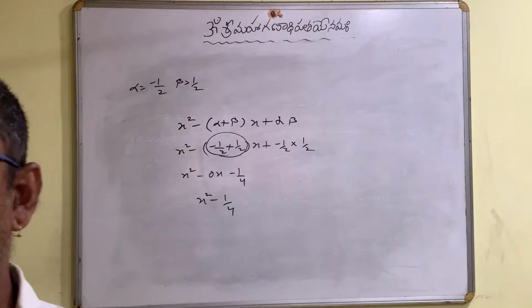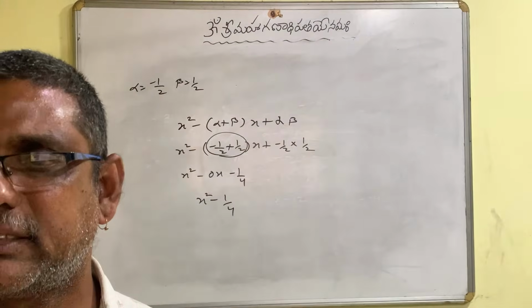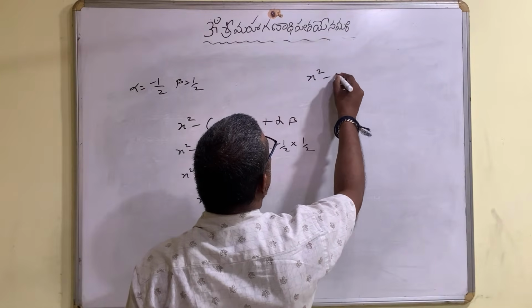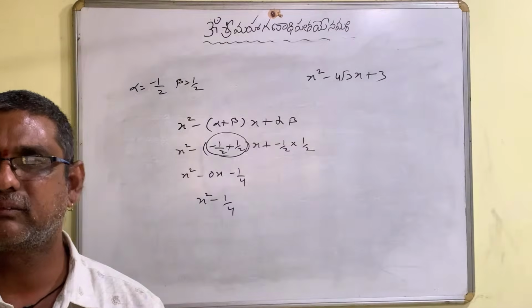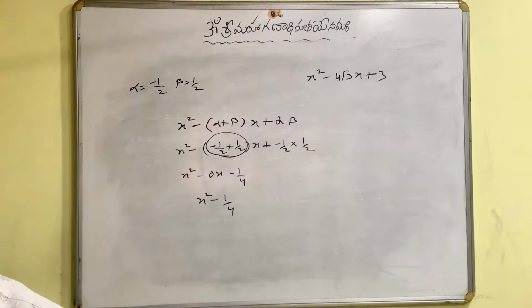If alpha and beta are the zeros of the polynomial x square minus 4 root 3x plus 3. How many marks? 3 marks.